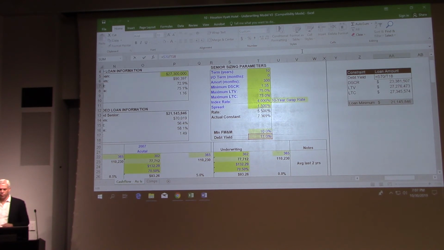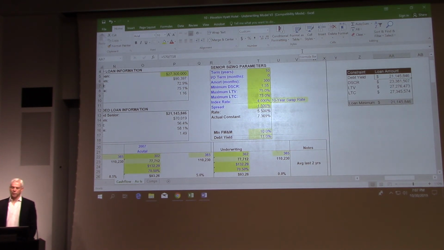If you remember when we were talking about the minimum debt yield for full or limited service, it's 11 for full, 12 for limited service. This is a full service hotel, so we used 11. So that comes up with a loan amount based on debt yield. We're going to come up with a loan amount based on DSCR, which is the debt service coverage ratio.